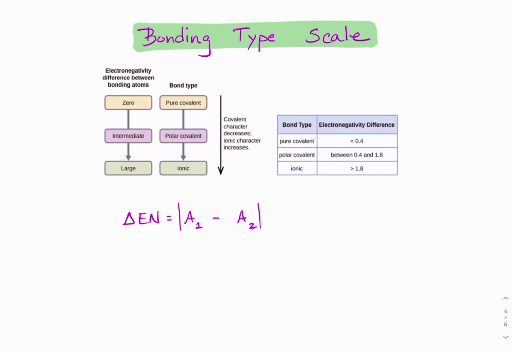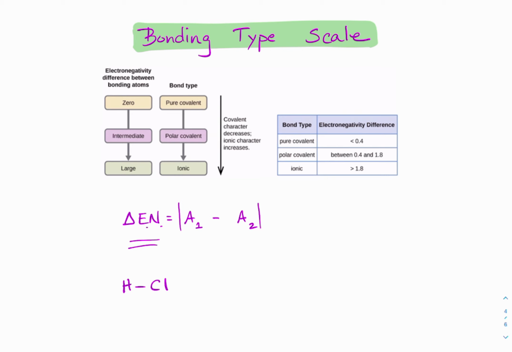We take the difference in the electronegativity values of the first atom to the second atom, and we put that in absolute value. So for instance, if I want to know what the difference in electronegativity is for hydrogen to chlorine, this is how I would do that.